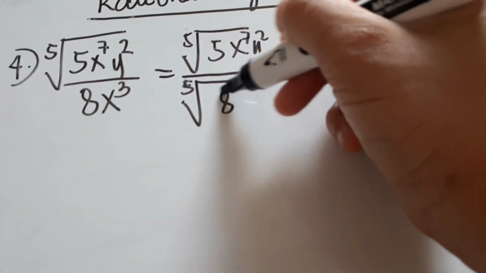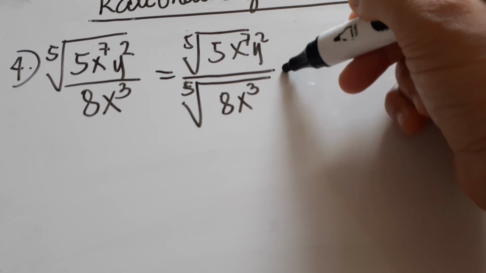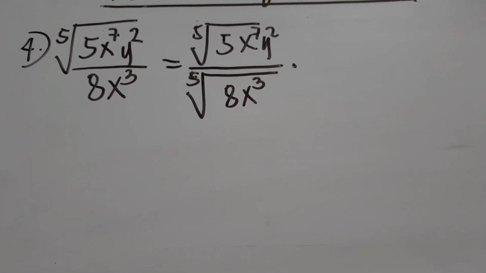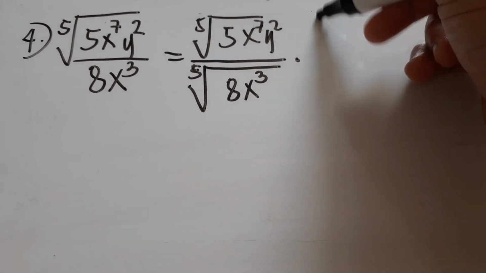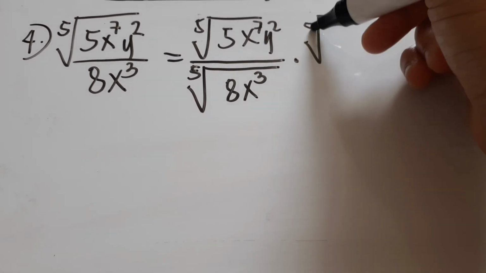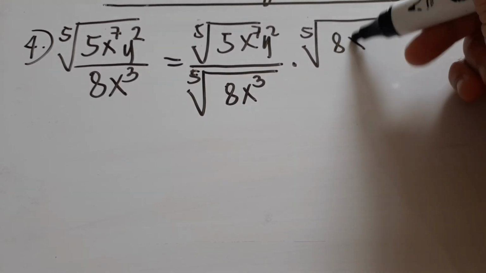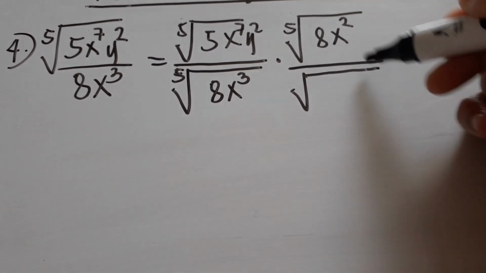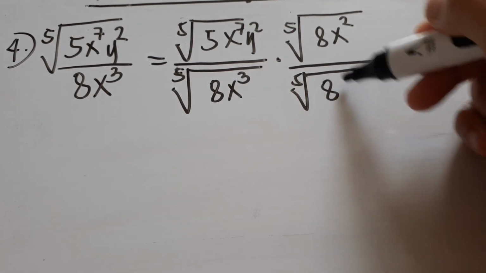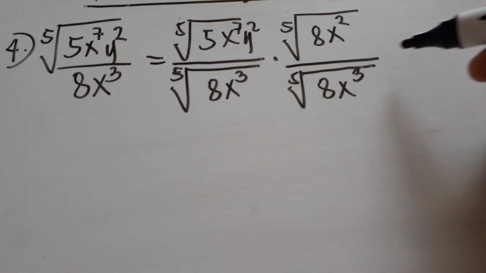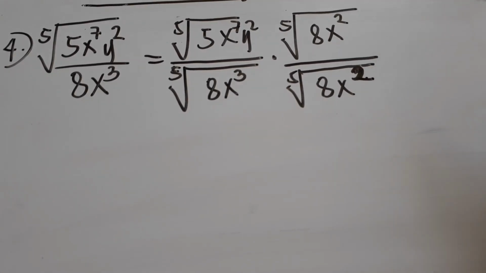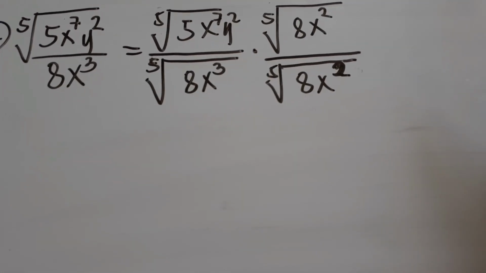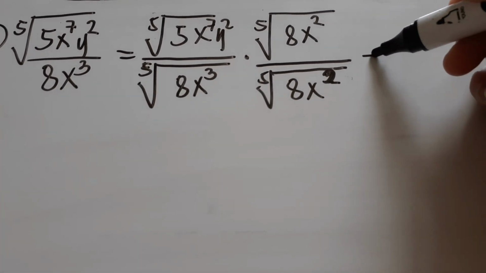Since our n is 5, then our k is 3, so 5 minus 3 is equal to 2. Therefore, we multiply its numerator and denominator by the fifth root of 8x squared over the fifth root of 8x squared.